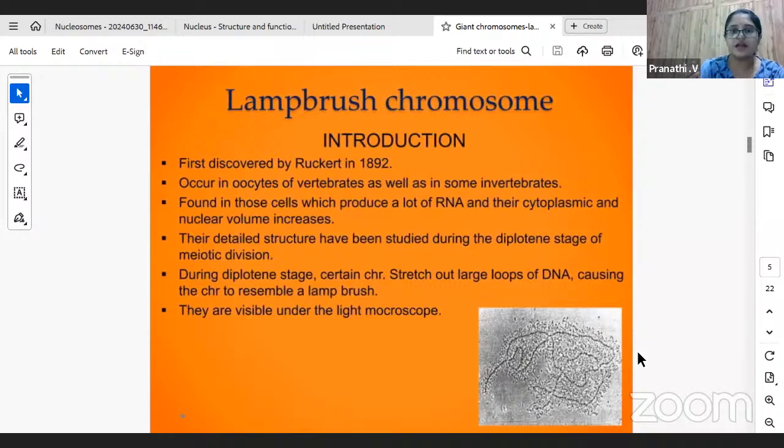The detailed structure of the lampbrush chromosome was studied during meiotic division, which has different phases: pachytene, zygotene, diplotene, and diakinesis. In the diplotene stage of meiotic division, the structure of the lampbrush chromosome was seen. Large loops of DNA are present, causing this DNA to look like a lamp brush, and it can be seen under the light microscope itself.